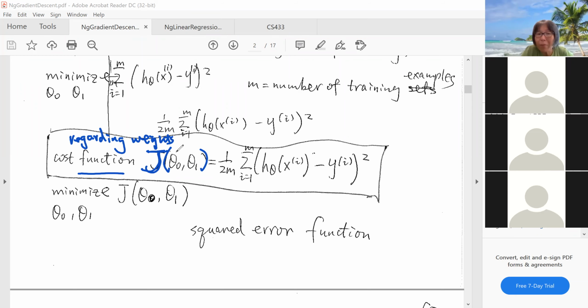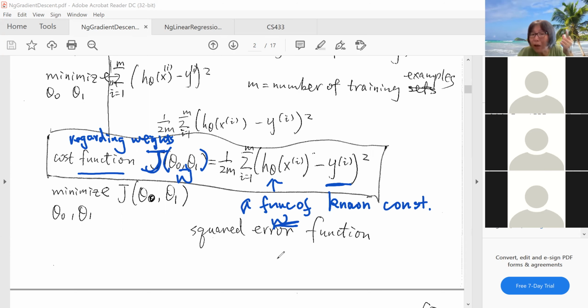Basically, this is theta 0, it's the W. And this value is a real value, it has nothing to do with W. So in math, you can understand it as a known constant. And this hypothesis function is a function regarding weight.